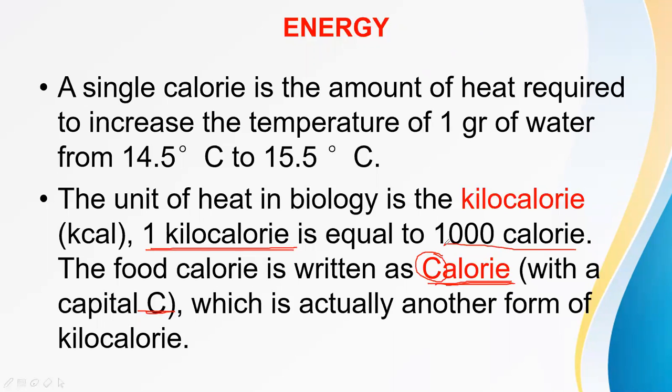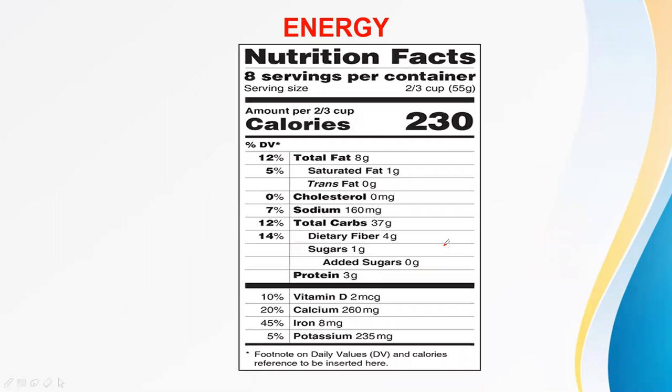Well, here I am going to give one simple exercise for you. Have a look. So this is a food label. In the food label, you are seeing the food having 230 calories. So these 230 calories we can also write as kilocalories.